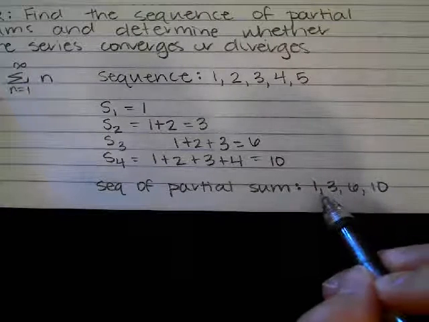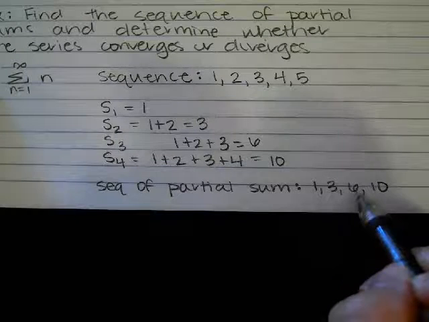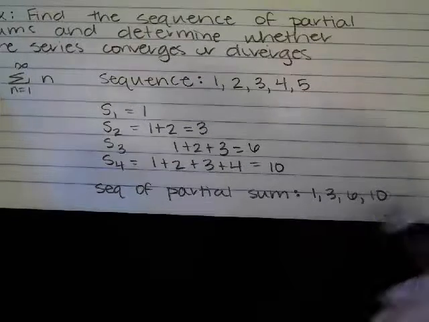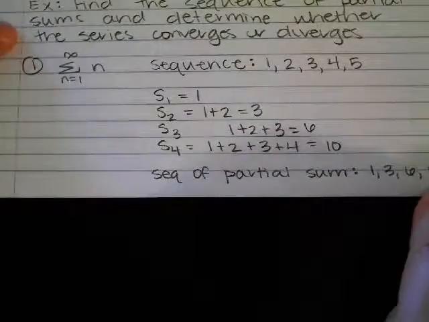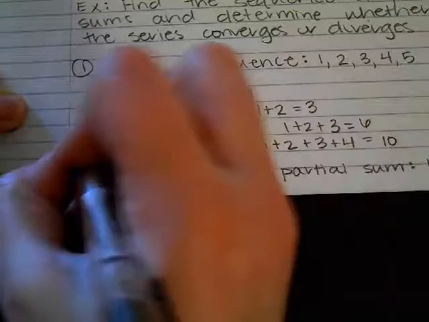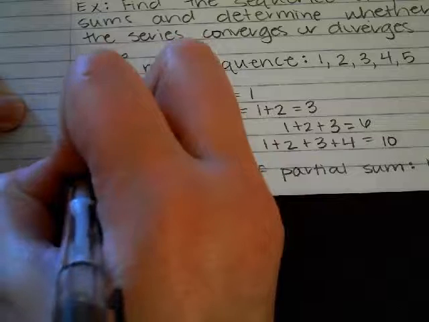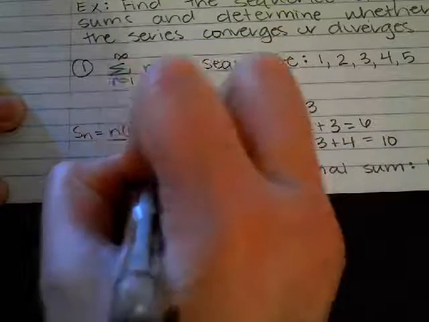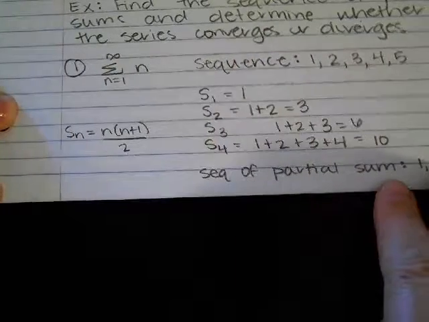Do you guys see that? So the formula for this one is that S sub n equals n times n plus 1 over 2. That's the formula.